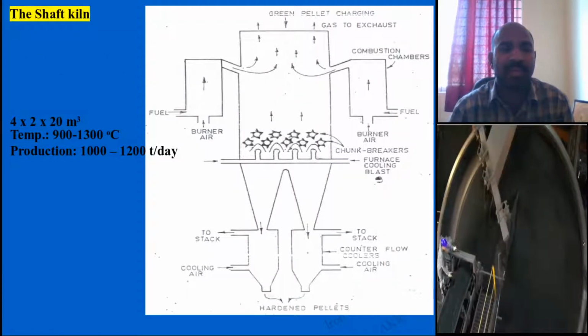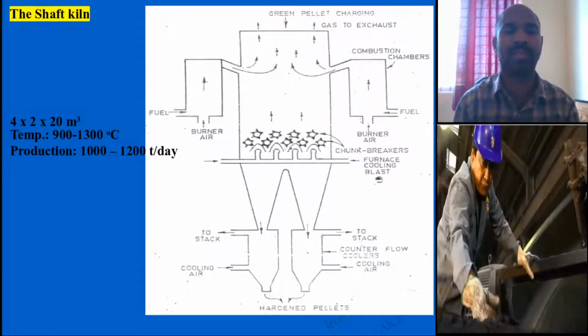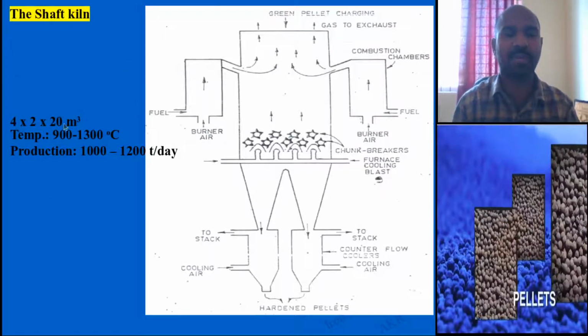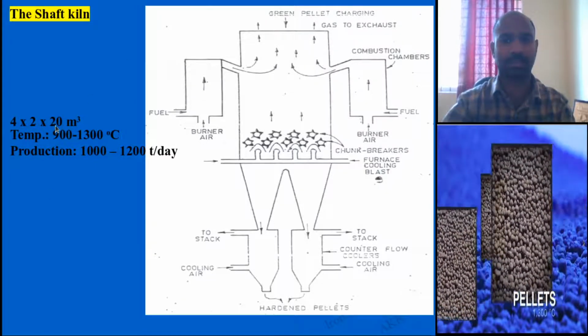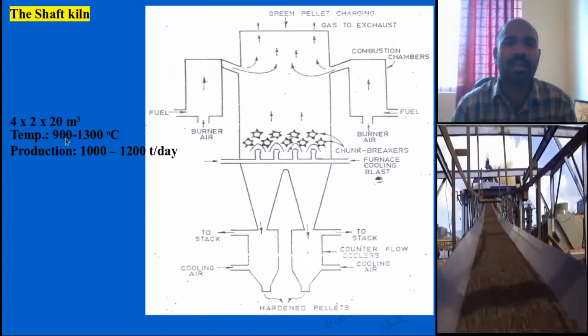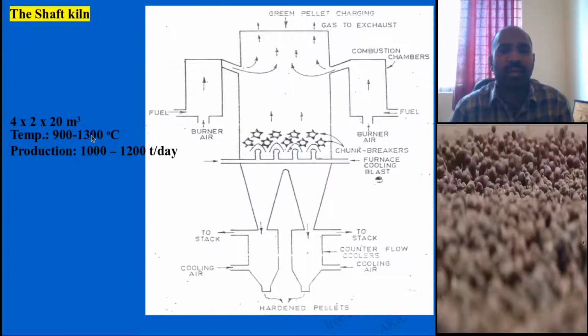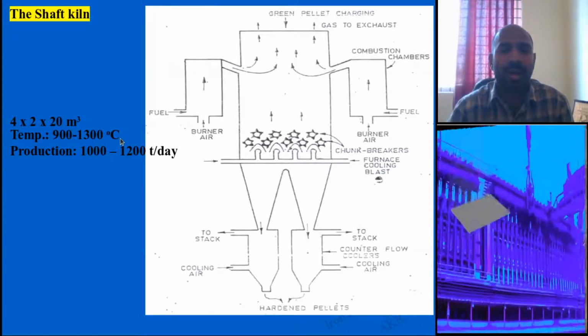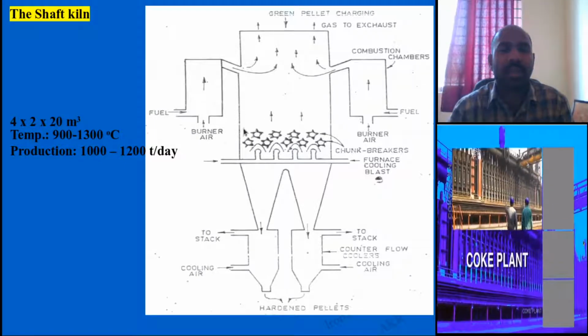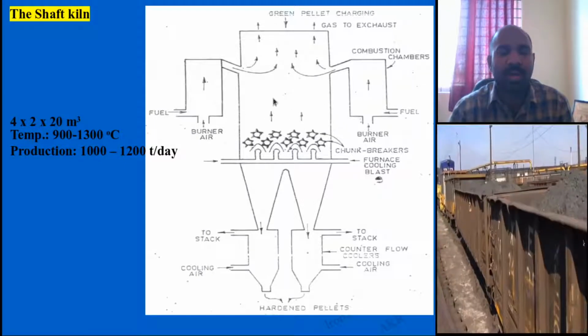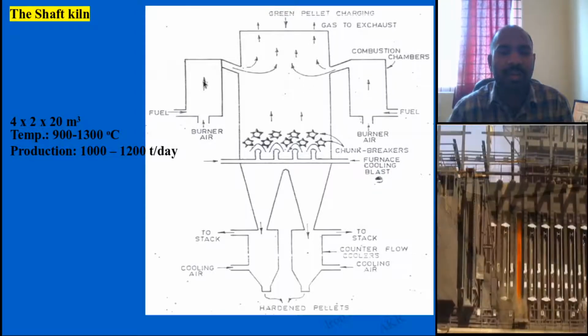Now let me explain the shaft kiln process. The dimensions of the shaft are 4 into 2 into 20 meter cube. The temperature maintained in this main shaft is 900 to 1300 degrees Celsius. And these are the two sides.